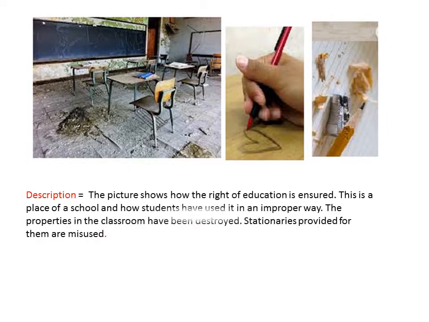Right. This is what I have written. The picture shows how the right of education is ensured. This is a school and how students have used it in an improper way. The properties in the classroom have been destroyed. Stationery provided for them is misused.